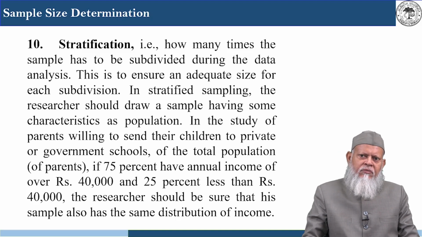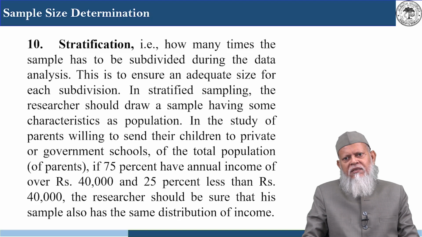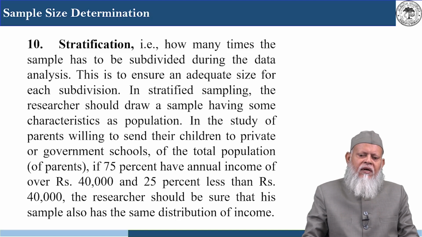So, the distribution of the sample must be similar to that of the population. That is what we mean here. We have given the example that those parents who constitute more of the income group in percentage terms, and less also in percentage terms, the same percentages have to be maintained in the sample.